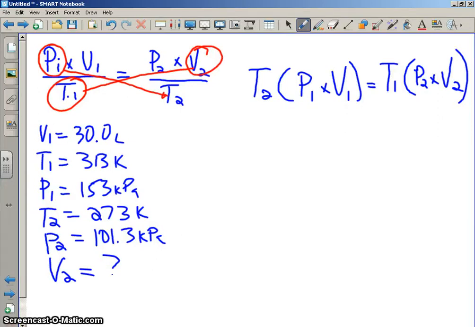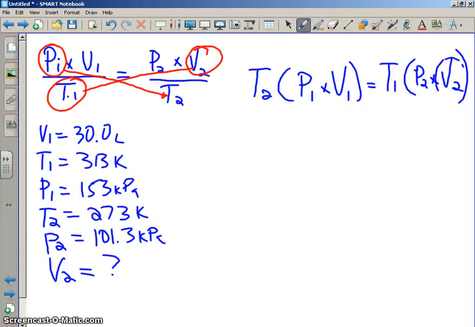So now we have to solve for the unknown. As we solve for the unknown, we have got to get rid of T1 times P2. Now let's remember our order of operations. With these parentheses, this is still multiplication, so this number is multiplied by what's inside. We have to get our unknown V2 by itself.